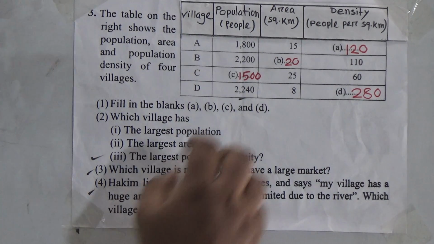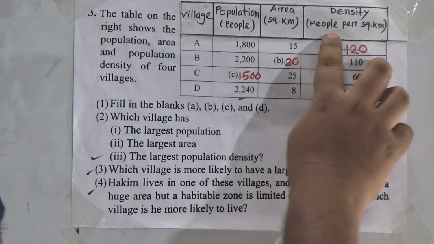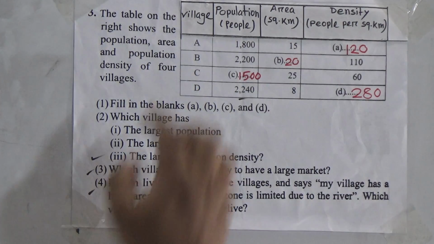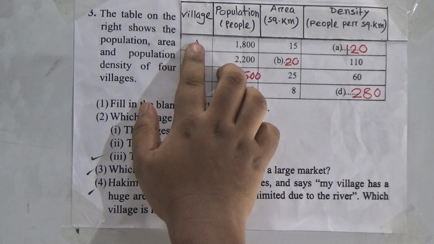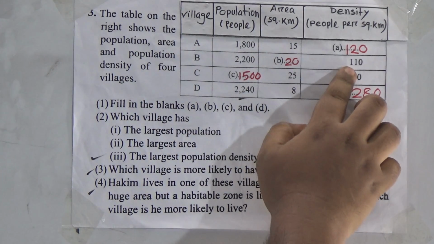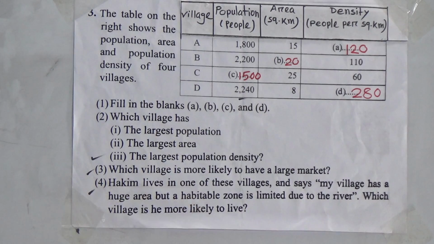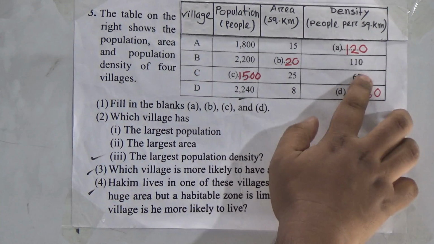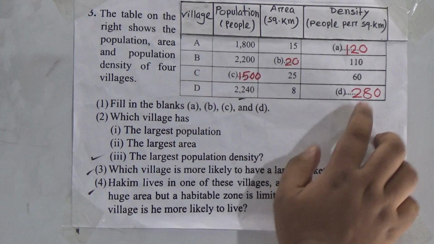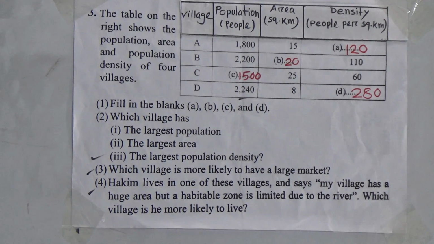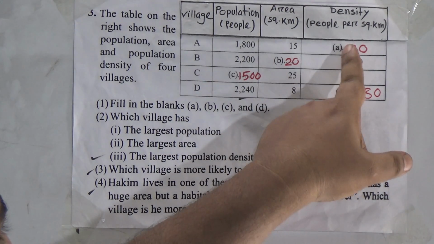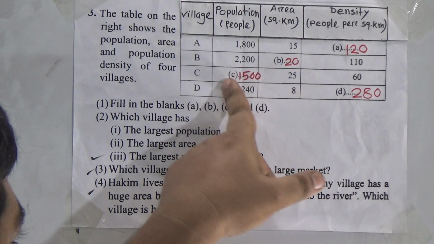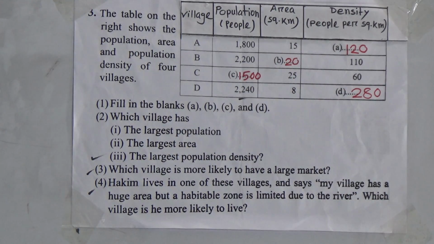And density, people per square kilometer: village A density is 120, village B is 110, village C is 60, village D is 280. My dear students, the gaps for A, B, C and D were already done in question number 1 and 2. Now we shall solve question number 3 and 4.